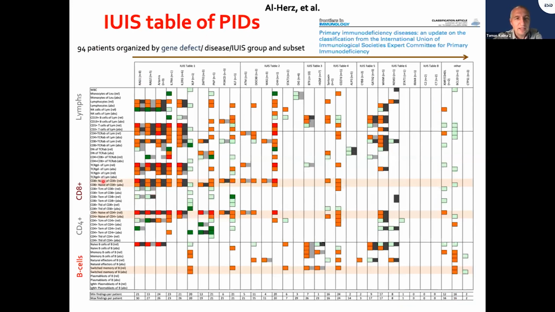And you see that basically the naive CD8 cells, the naive CD4 cells, and switched memory B cells are among the most frequent cell subsets that you need to look for if you want to find abnormality in many of the groups of immunodeficiency here, grouped by the IUIS tables.